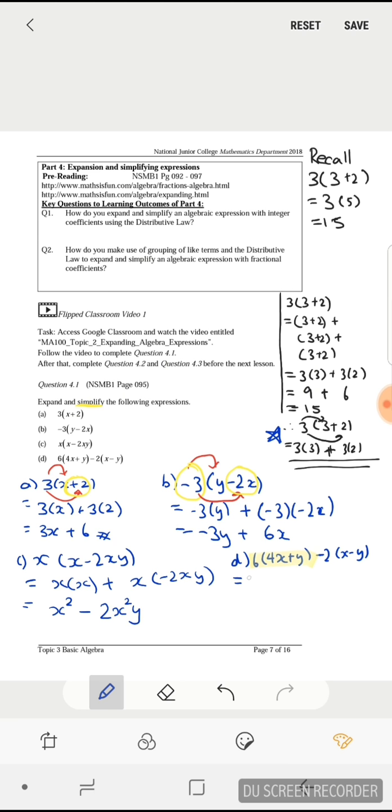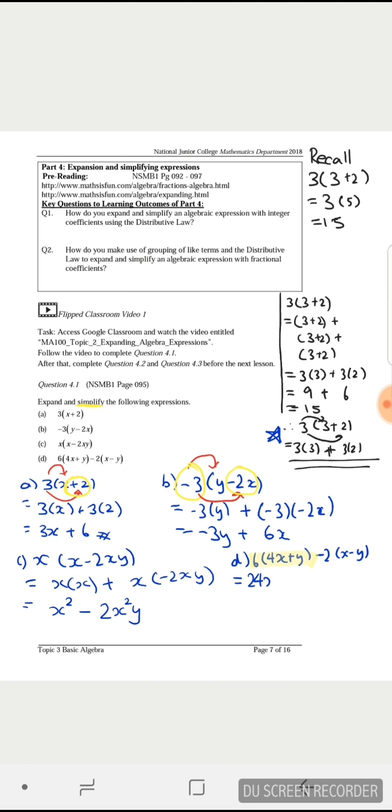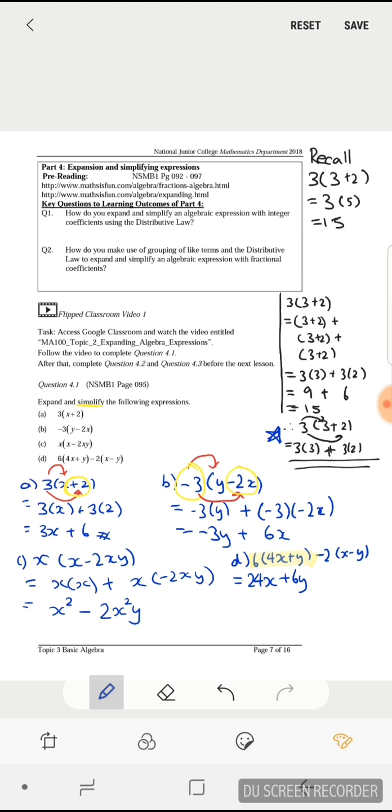What do you get? 24x. 6 multiplied by y gives you plus 6y. So at this point, once you're familiar, please be able to write the expansion immediately. You do not need to show the full steps over here.